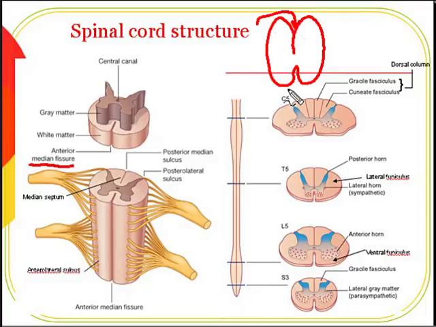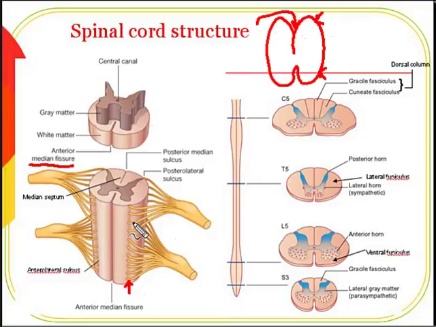Then on either side where these rootlets attach, you have small sulci present. So you'll have a dorsal and a ventral sulcus on the lateral side. So these are just known as dorsal and ventral sulci, and this is where the rootlets attach.